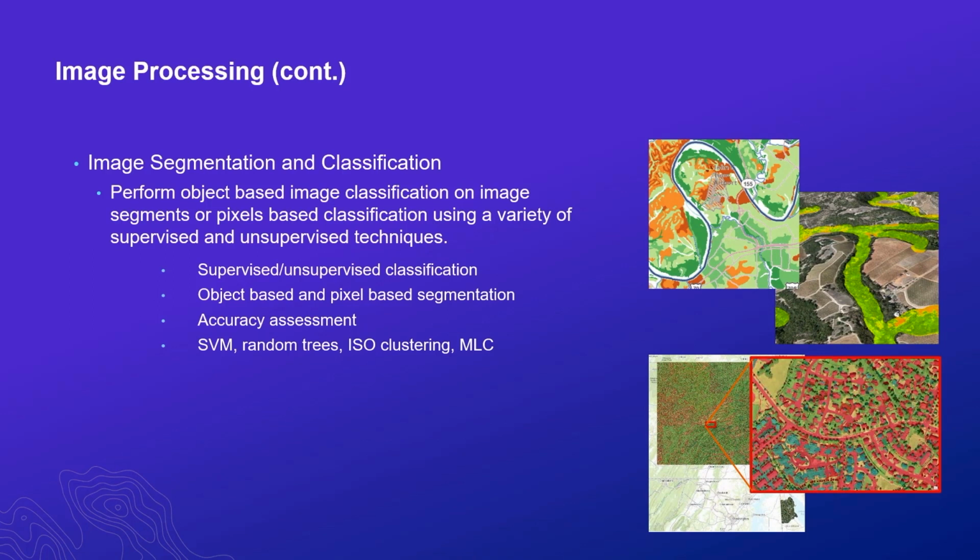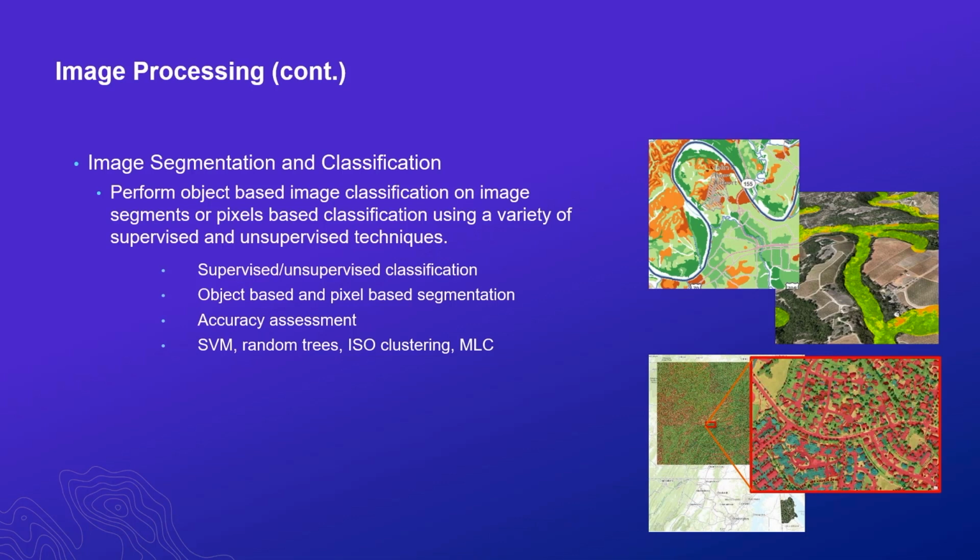There are more other capabilities in image processing, and one of the most important ones, which is very commonly used, is image segmentation and classification. What does it do? It lets you look at an image and tells you what is what, right? You can differentiate between a cropland and urban area or water, right?